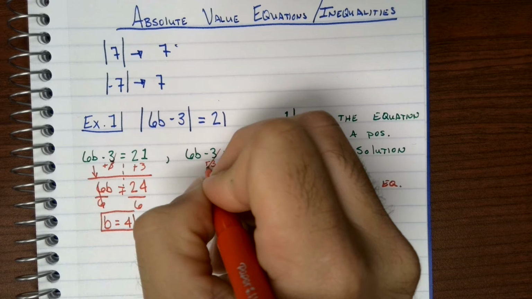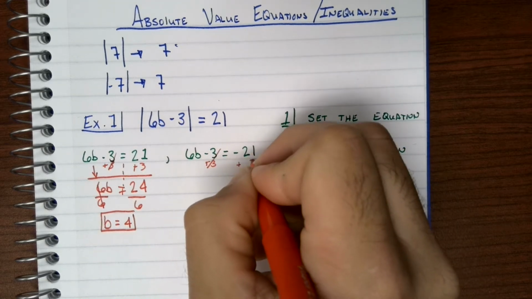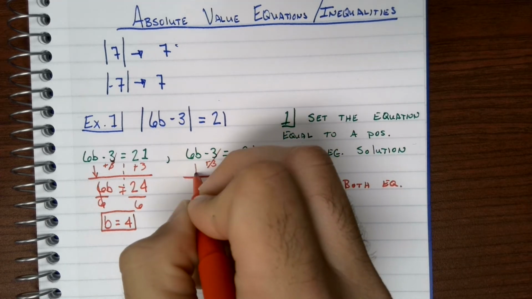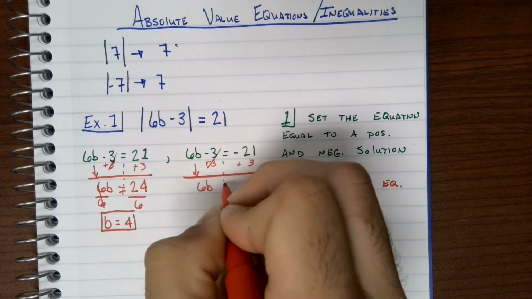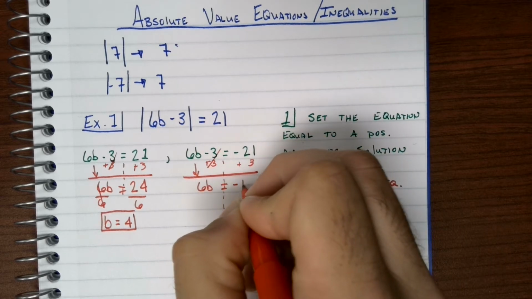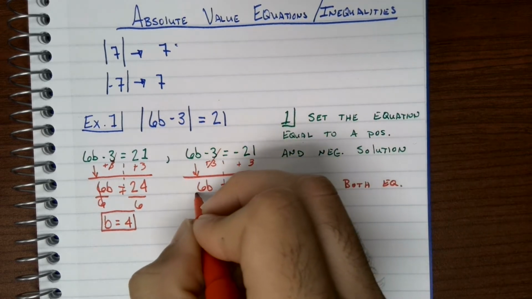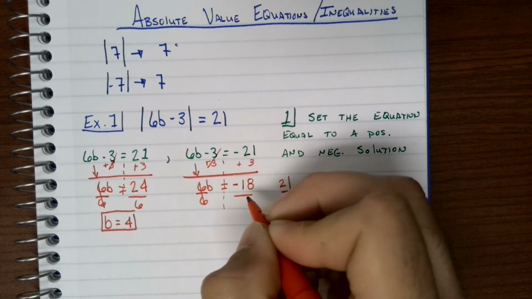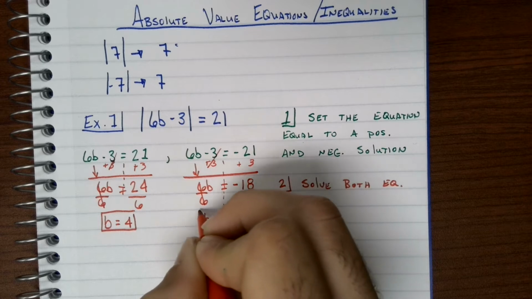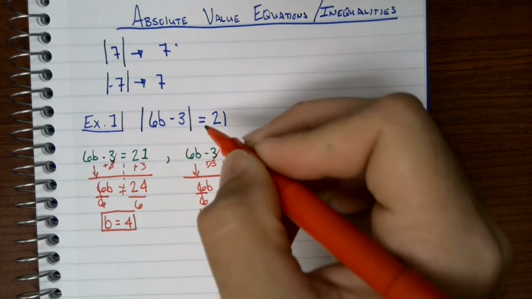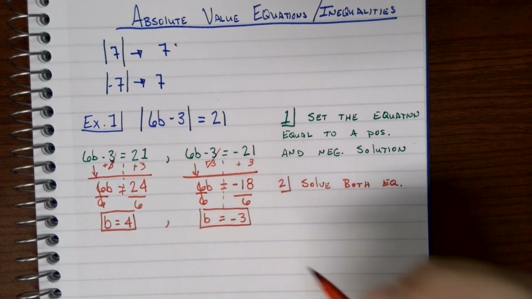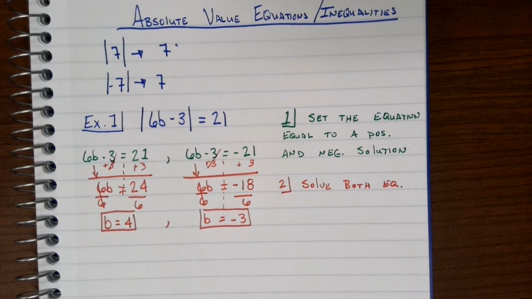I add 3 to both sides. 6b equals negative 21 plus 3 is negative 18. Divide by 6. B equals negative 3. So your answer here would be B equals 4 and B equals negative 3.